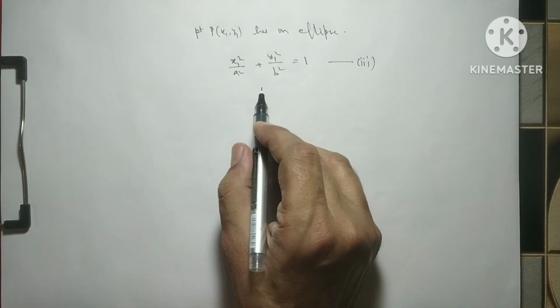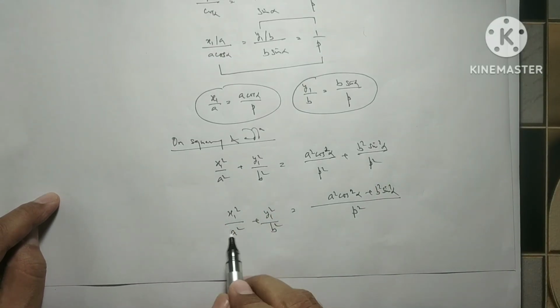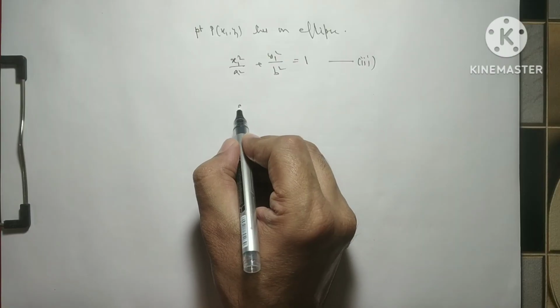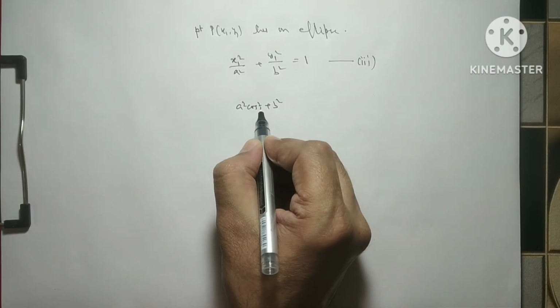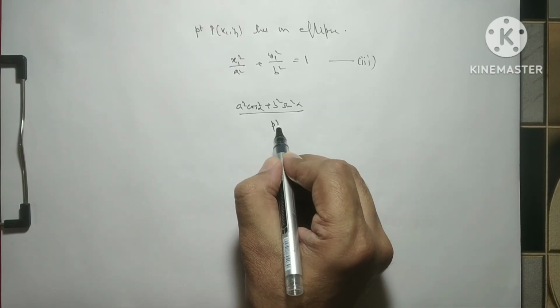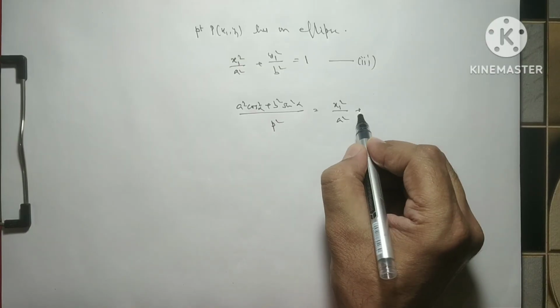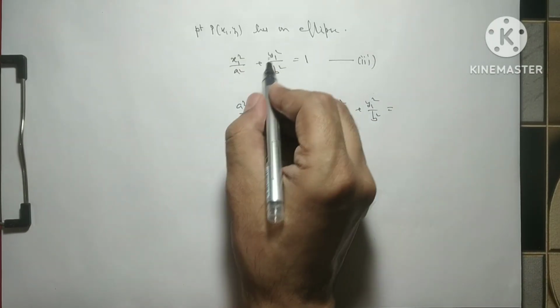Right now we compare this result with this, and the value of this is 1. So we get a square cos square alpha plus b square sin square alpha over p square equals x1 square over a square plus y1 square over b square, and the value of this is 1.